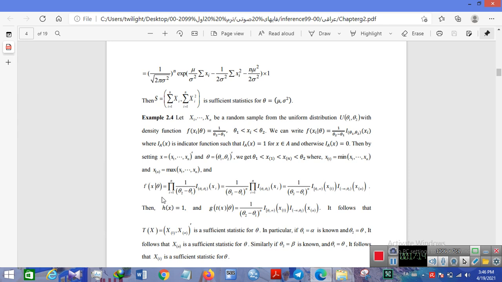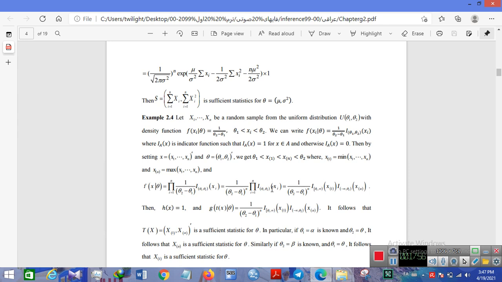Similar to the other examples, we can write f(x | theta) equal to the product of f(xi | theta), and we put the density function here. This part is fixed and does not depend on i, so the product of it is 1 over (theta 2 minus theta 1) to the power n, and we have this product.